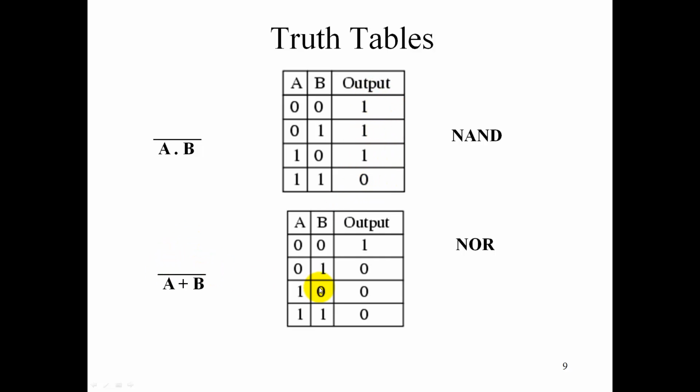And the same is for here, whereas either A or B would be 1 here, and definitely when both of them are here, it negates it and puts the opposite output.